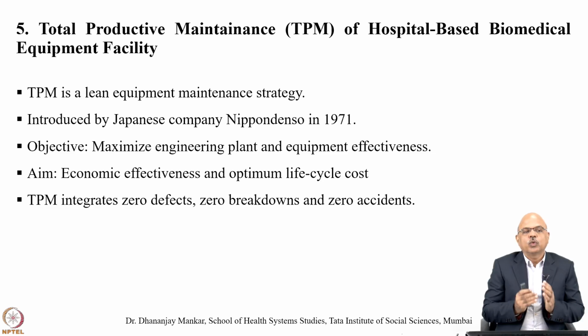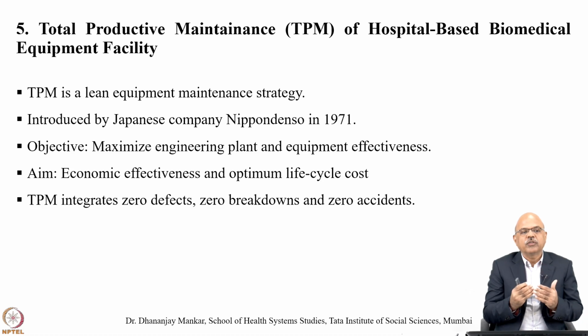Now, finally, for the total productive maintenance, that is TPM, of the hospital-based biomedical equipments, you need to understand that TPM is a lean equipment maintenance strategy, which was introduced by the Japanese company called Nippondenso in 1971, which works more towards improving the quality part.